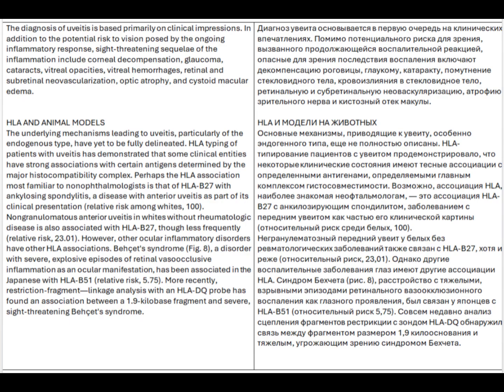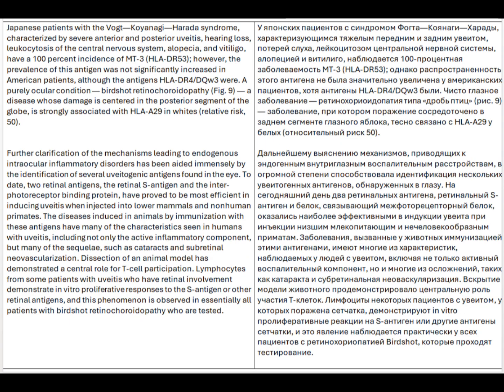Behçet syndrome, Fig. 8, a disorder with severe, explosive episodes of retinal vaso-occlusive inflammation as an ocular manifestation, has been associated in the Japanese with HLA-B51, relative risk, 5.75. More recently, restriction fragment linkage analysis with an HLA-DQ probe has found an association between a 1.9 kilobase fragment and severe, sight-threatening Behçet syndrome.